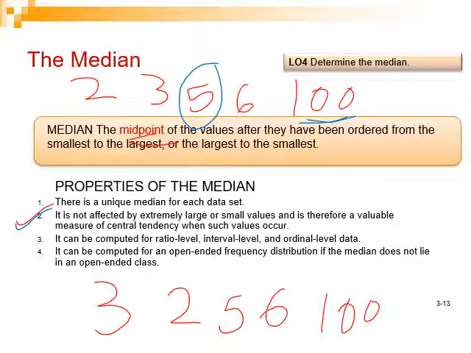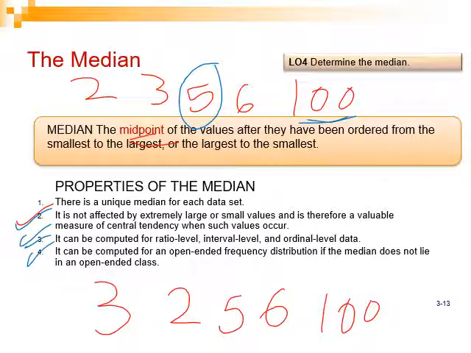Property 3: it can be computed for ratio, interval, and ordinal levels. This differs from the mean, because the mean is for the ratio and interval levels only, and the ordinal level is not included. Here, the only measure not included for the median is the nominal measure.